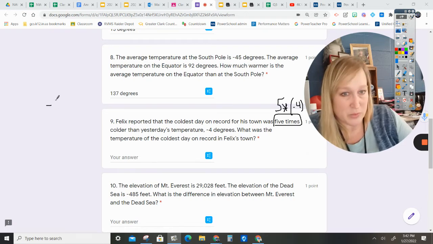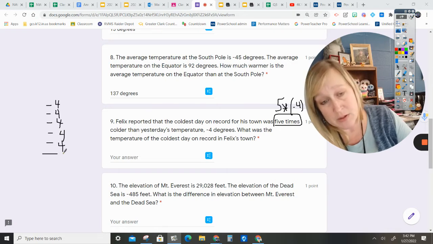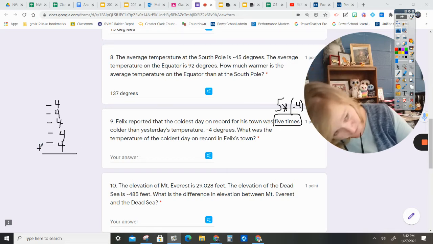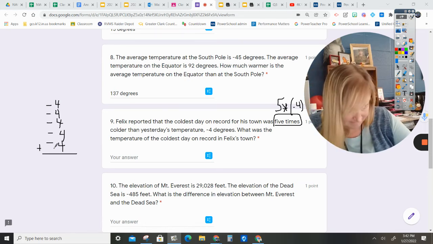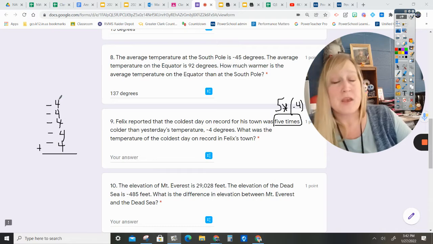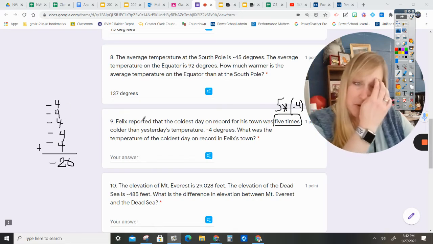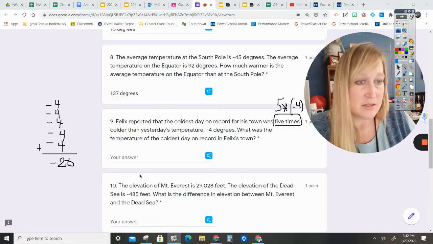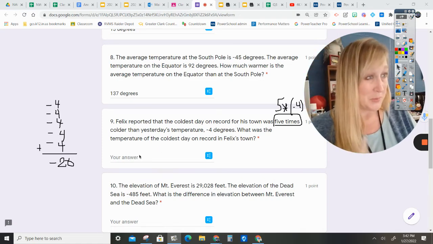We know that multiplying is repeated addition, so I can go -4 plus -4 plus -4 plus -4 plus -4. All those are added together, right? Well, they're all the same. So that means I have a total of 20 negatives. So that means that if it will type for me, you're going to type -20 right here. Of course, my computer won't.